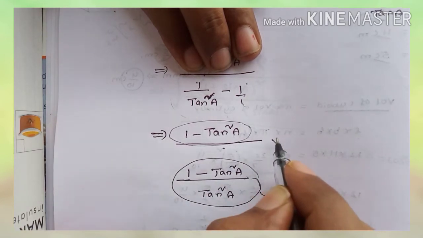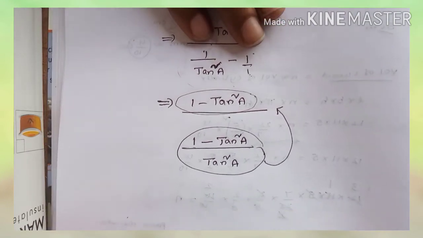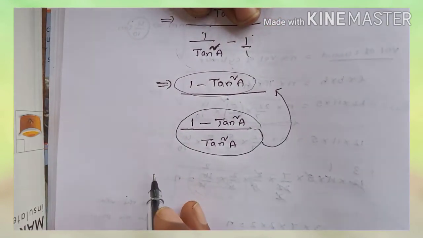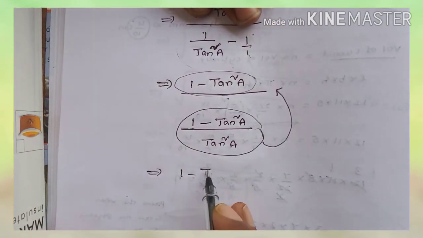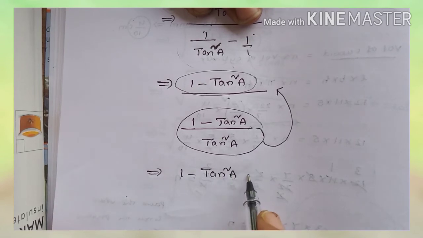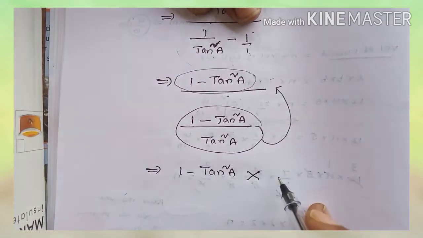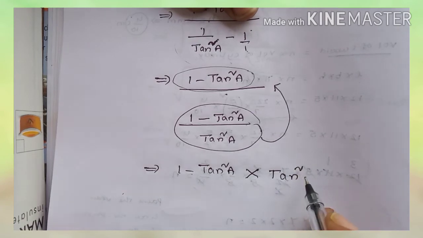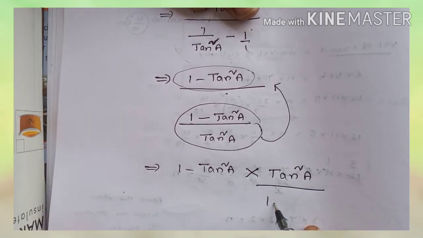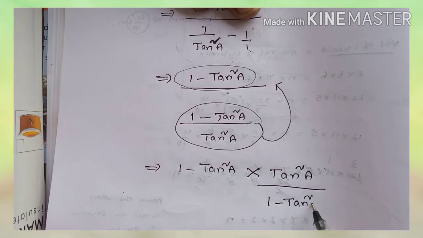The denominator is a fraction, so it will be reciprocal and multiplied. So we can write 1 minus tan squared A into the reciprocal of this term, tan squared A by 1 minus tan squared A.